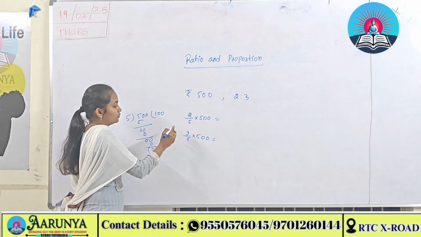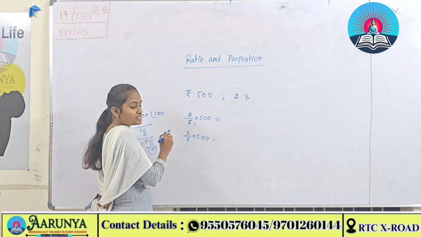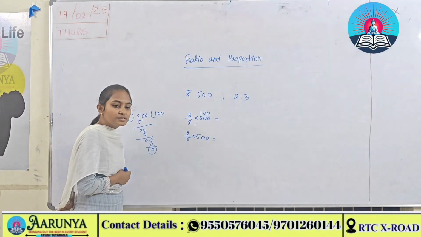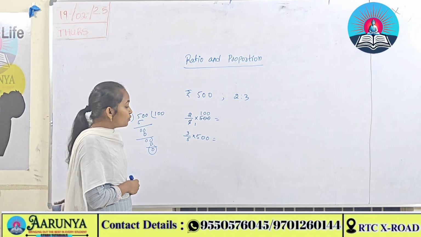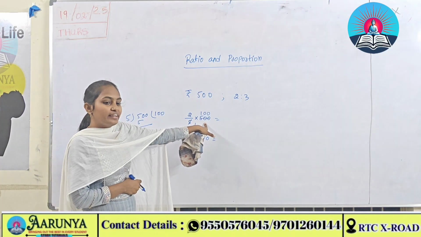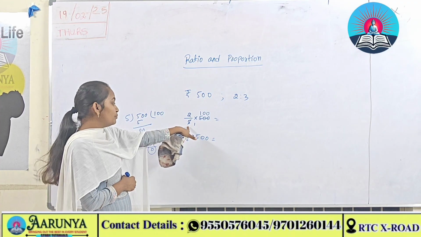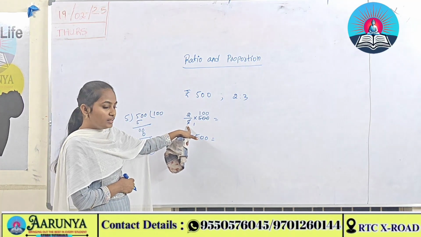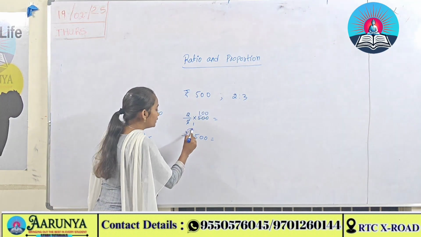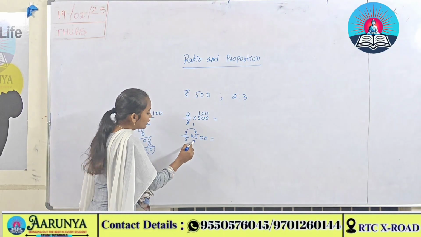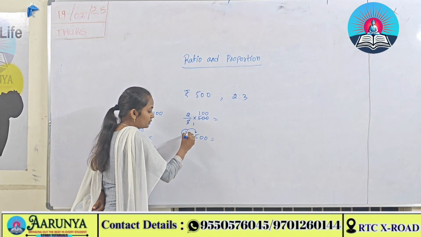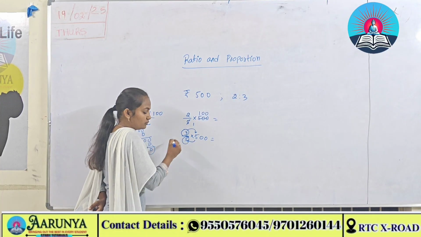Into the 5. 5 into 500. 2 into 500 divided by 5. Good. Here 3 divided by 5 into 500 means we have to do 3 into 500 or 500 divided by 5. This is numerator.